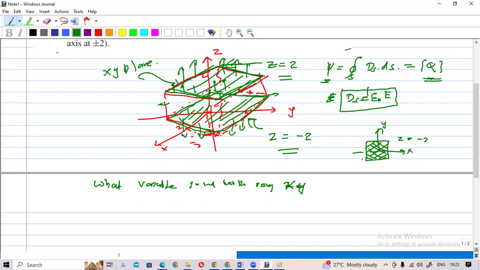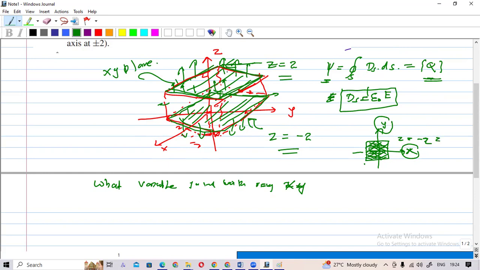If you want to find the area of this surface, what variables do you need to do the integration with respect to? You have to do the integration with respect to x and y, because z is a constant.